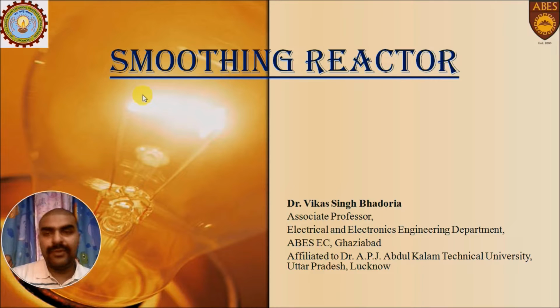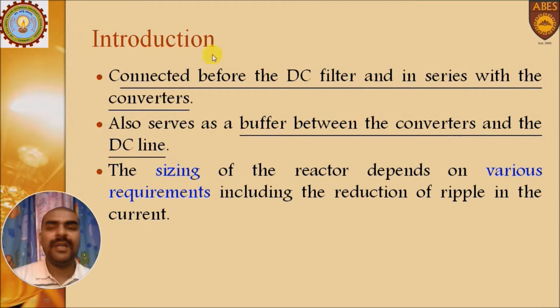Now we will start our discussion about the smoothing reactor. This smoothing reactor is connected before the DC filters at any converter station, and it is connected in series with the converters. Due to this, it also serves as a buffer between converter and DC line.